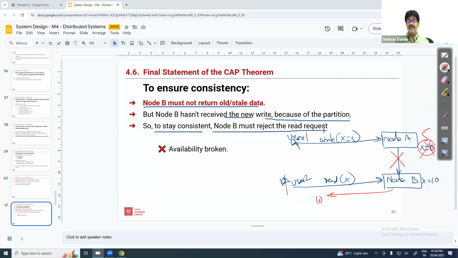User 2 is asking, I want X value. Two cases: give whatever available X, or you tell, I don't have an updated value, please.